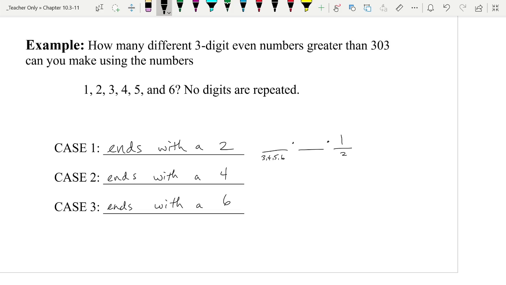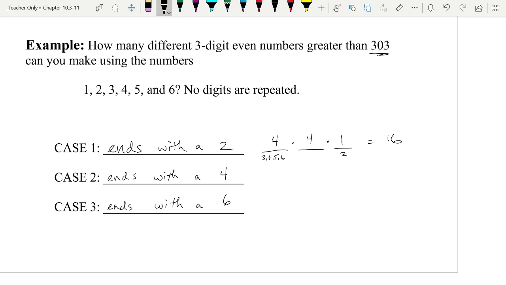Because remember, my number has to be bigger than 303. So as long as we start with a 3, there's no 0. Everything that starts with a 3 is going to be bigger than 303 in this case, right? So there's 4 possible numbers that can go here. There's only 1 possible number that can go here. I had 6 digits to choose from, so there's still 4 more left I can pick to put in the middle. So there are 16 ways in case 1.